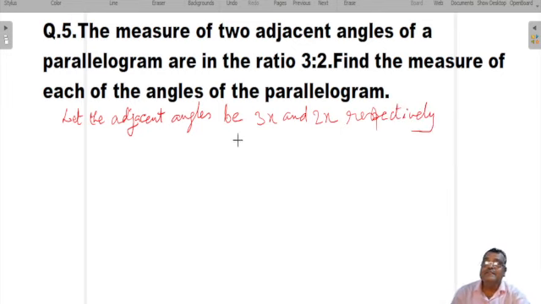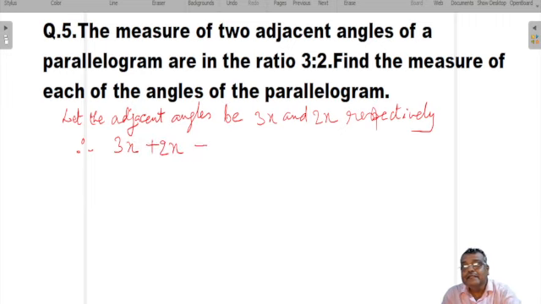3x and 2x respectively. Find the measure of each of the angles. Since the sum of adjacent angles is supplementary, 3x plus 2x is equal to 180 degrees.